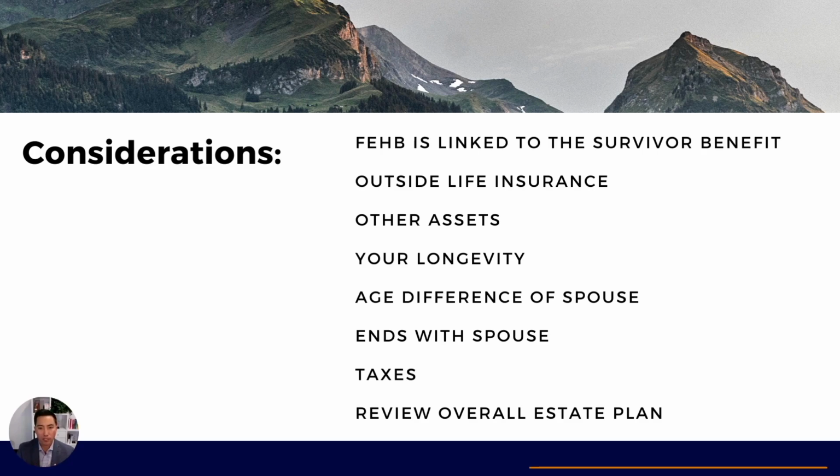That makes sense. So just to clarify, if you do not select a survivor benefit for your spouse and you are still alive, your spouse is still eligible for the health insurance through the federal government. If you predecease them and you do not have a survivor benefit, they are no longer eligible. Okay, just to be super clear on that.